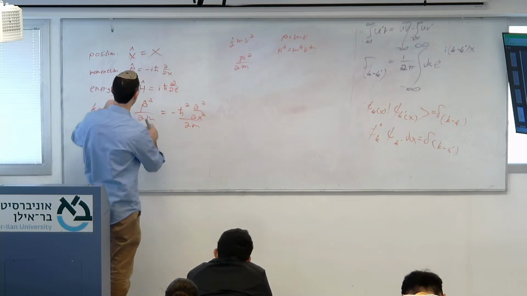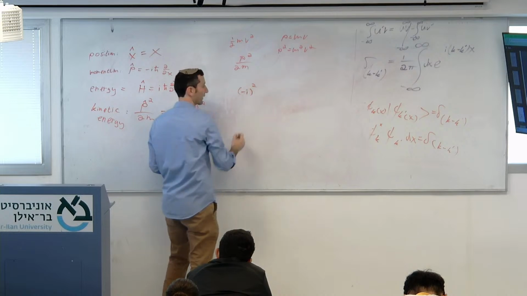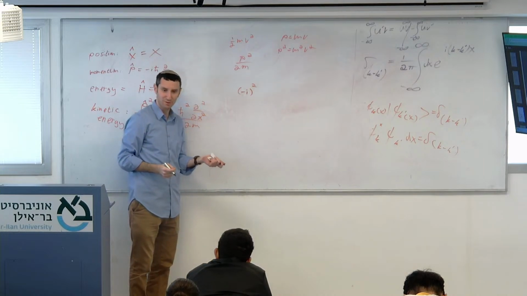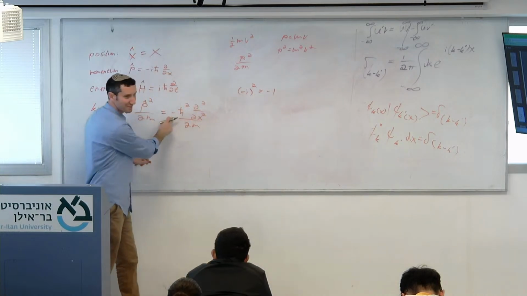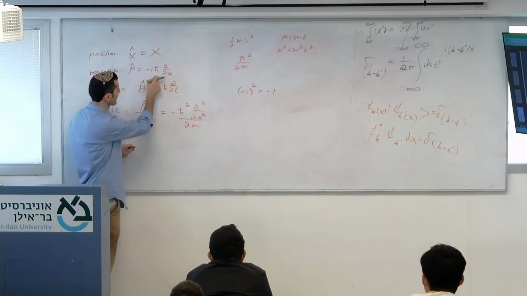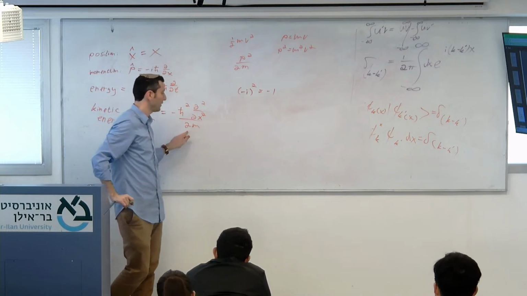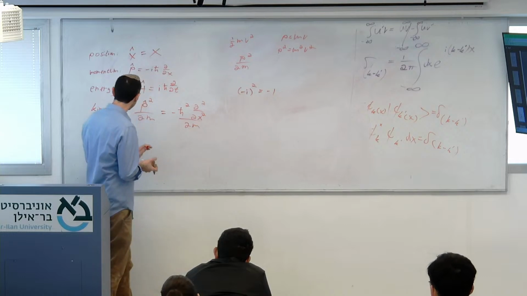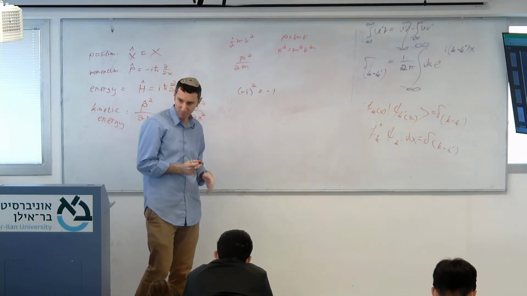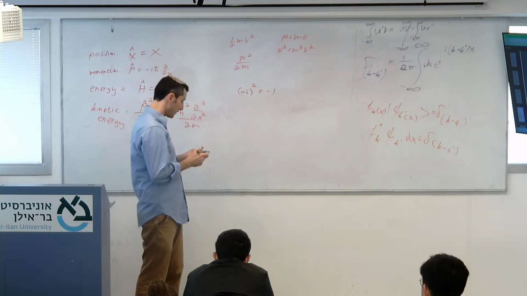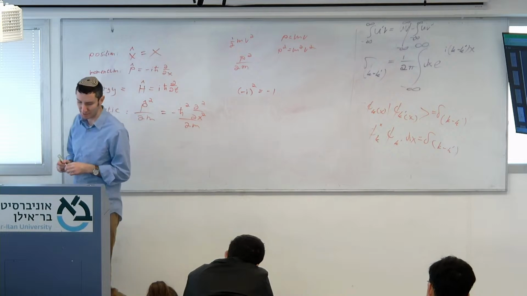When I take the square of minus i, i squared is minus 1, so I get minus h bar squared, which I square the derivative, which means I take the second derivative, and divide by 2m. So acting this operator on a wave function will measure the kinetic energy. These are some of the operators that we're going to see throughout this semester.